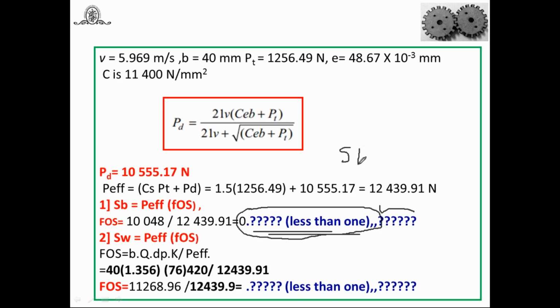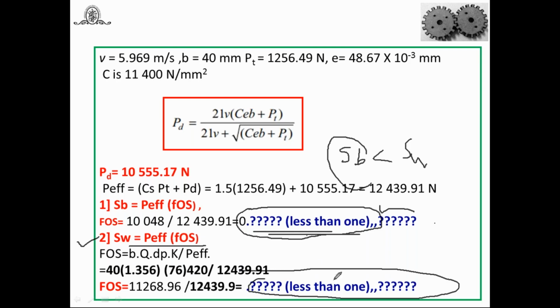And here directly SB is less than SW. So no need to again check for SW because SB is less. So you are getting FOS less than 1. Even though, to have understanding, I have calculated FOS for SW also, and this is again less than 1. Try to understand. This is also less than 1. So what comment you are going to make from the third bit?